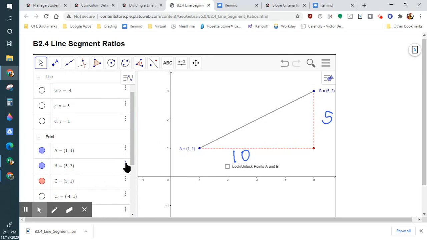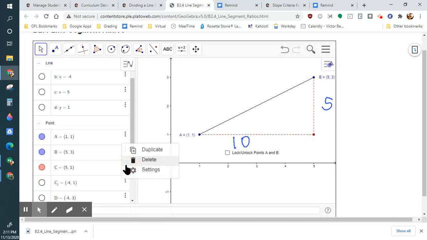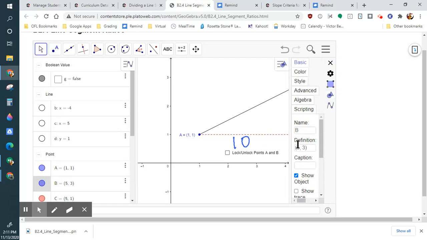I'm going to change this. We're going to add 10 to our x value, so that's going to be 11. So our point, instead of being 5, 3, we're going to make this 10. And if we add 5, we're going to make that. All right, cool. So we do that, enter it in.